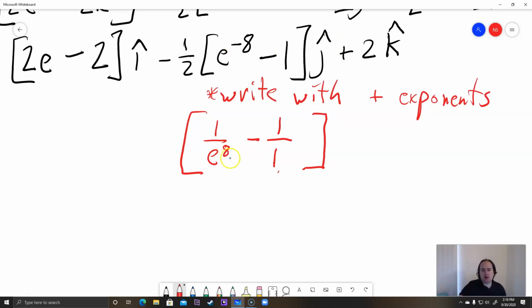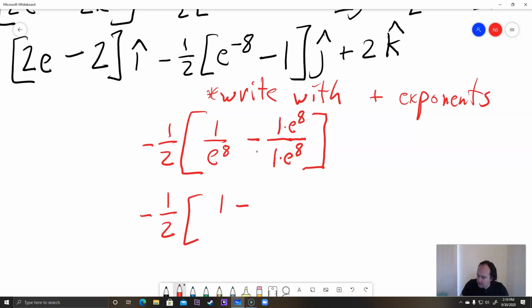So to build these to a common denominator, I need to multiply this one on the top and the bottom by e to the 8. Okay, so after I do all that, I'm actually going to end up with, there's still a negative 1/2 out front, but I'm going to end up with negative 1/2 times 1 minus e to the 8 all over e to the 8.